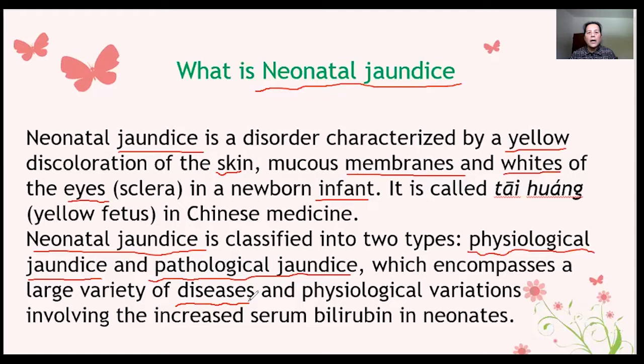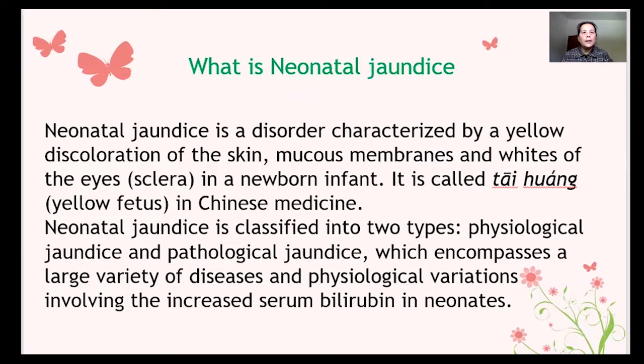Because jaundice is basically the level of pigments in the blood circulation increasing. So that's why we say people have jaundice.